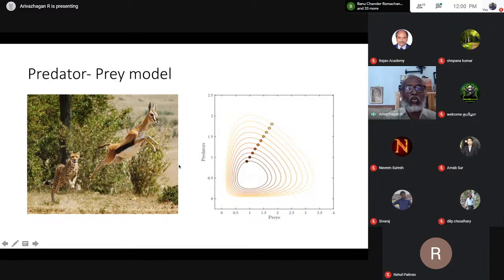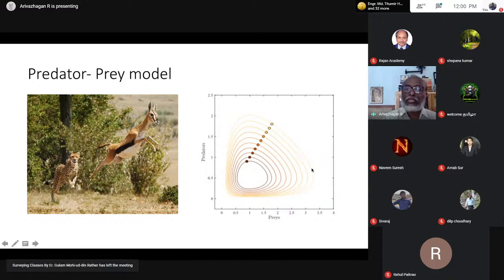In a forest ecosystem, the prey population will increase because of abundant available food. If there is unlimited food available, automatically the prey population will increase like that. Up to this point it increases. See here what happened, the curve turns left.